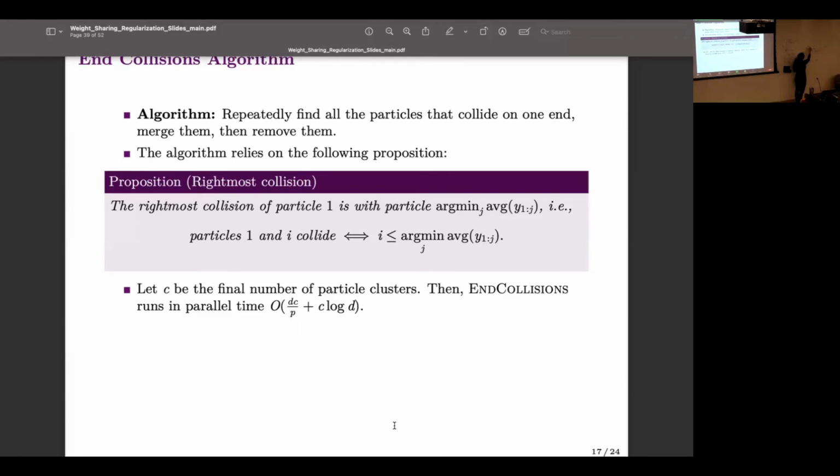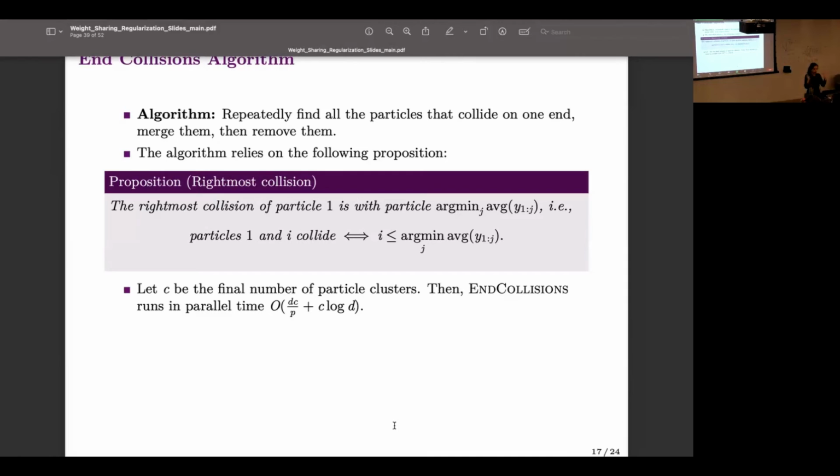If you have any weights less than this, all of these weights are going to be in this cluster. So all of them are going to collide. Find the least argmin and then use it to detect where the whole cluster ends. This is the idea of the end collision, and using this proposition, we can find collisions more smartly.